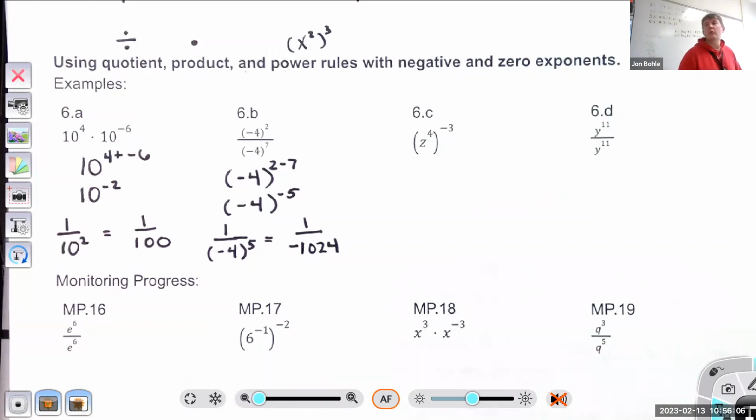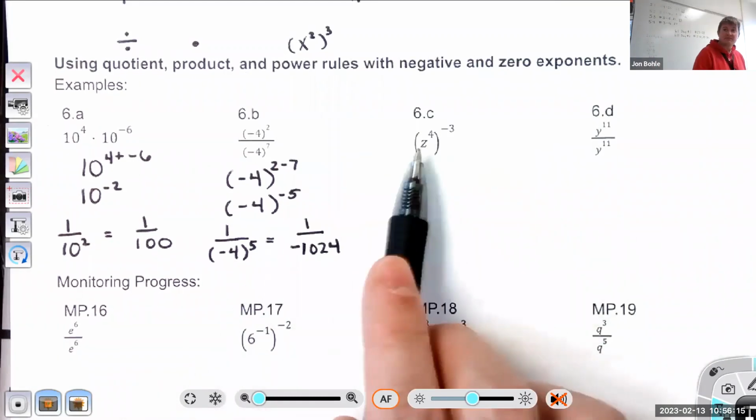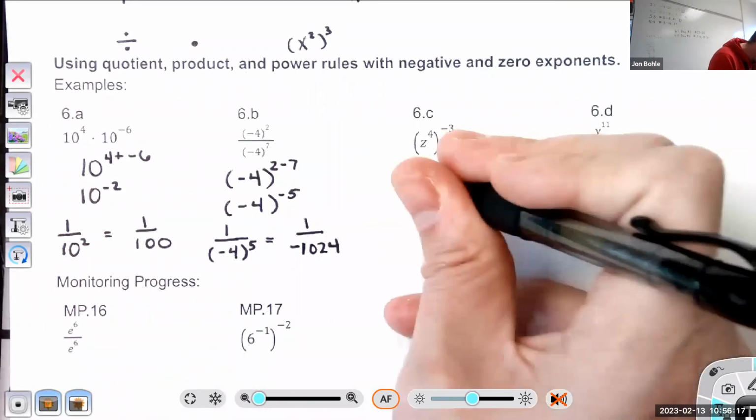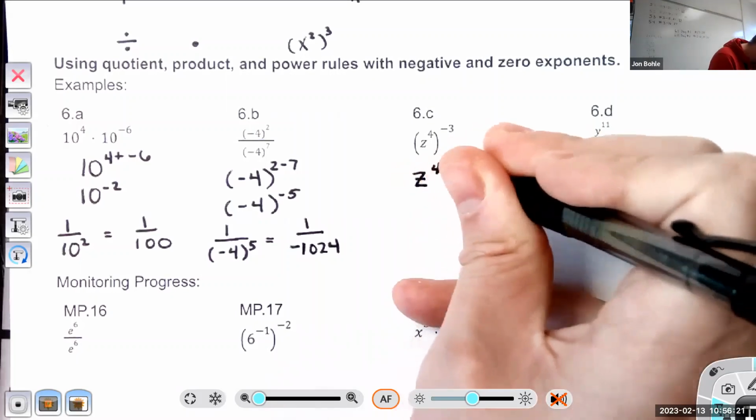Okay, z to the 4th power to the negative 3rd power. I have a power to another power, and I multiply my exponents. So I'm going to take z to the 4 times negative 3 power.